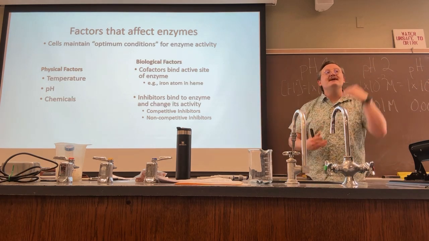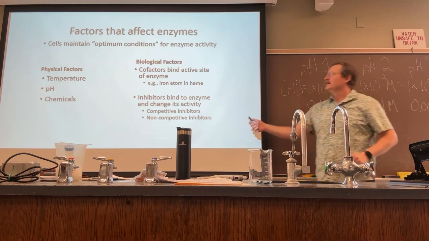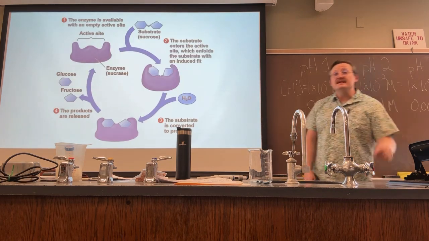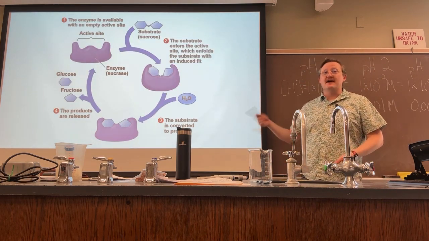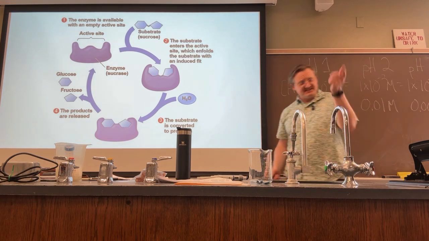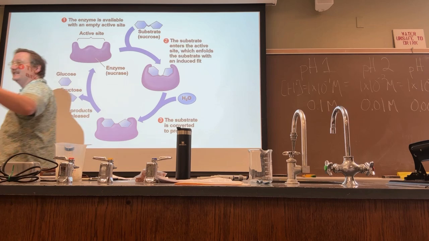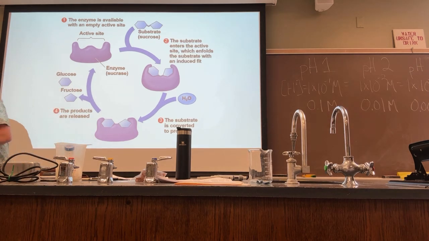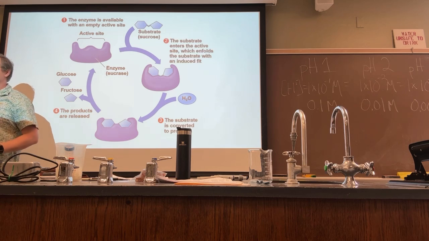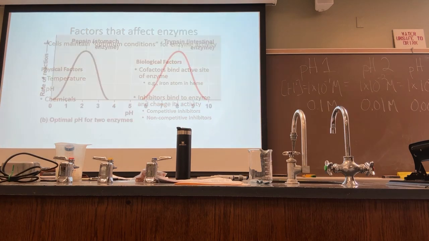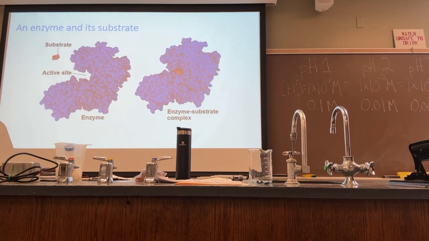You got to turn those enzymes off, though, because remember, enzymes don't get consumed in carrying out these reactions. It's cyclical, exactly. So you need to have ways of inactivating the enzymes, and it would be great if you could inactivate the enzyme without destroying the enzyme, because then you can use it again later. So if we're regulating the activity of an enzyme, all we really have to do is affect its active site.